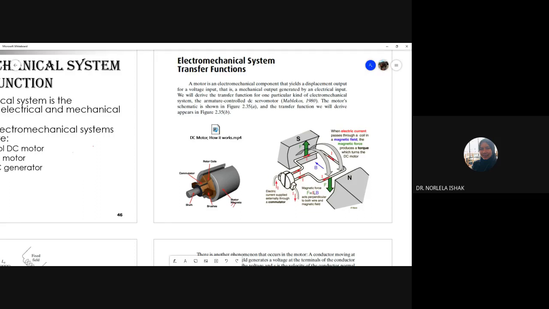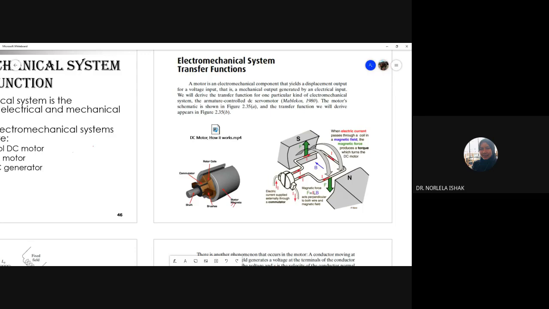I want everybody to Google how the DC motor works. So meaning from there we will get more information, right? So what is the working principle for the motor?